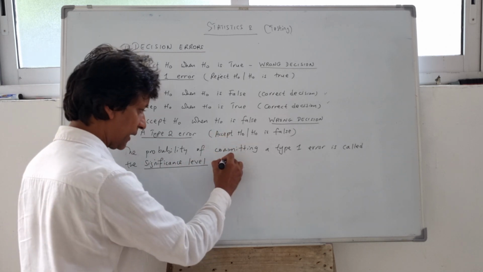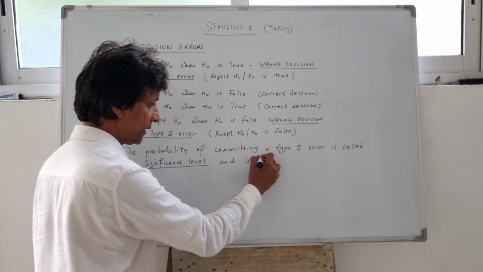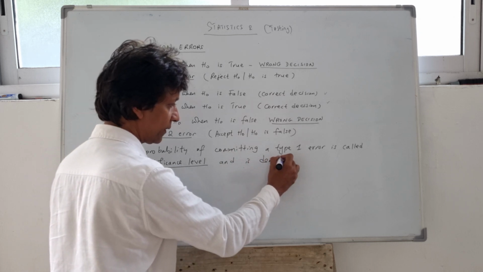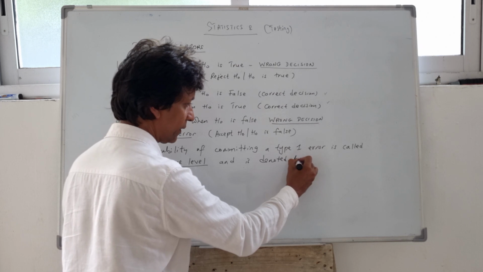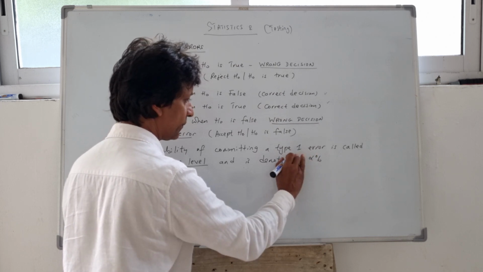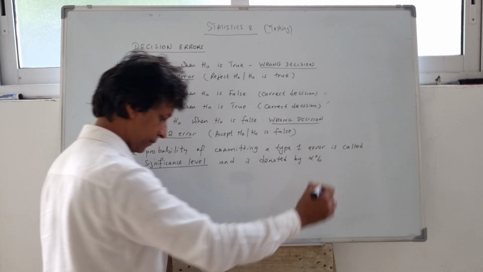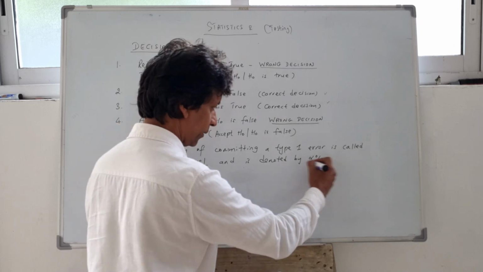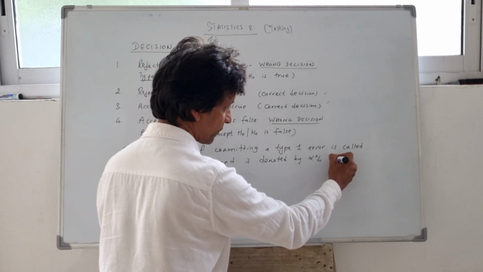Significance level, and is denoted by alpha percent. This is because it's normally expressed as a percentage.